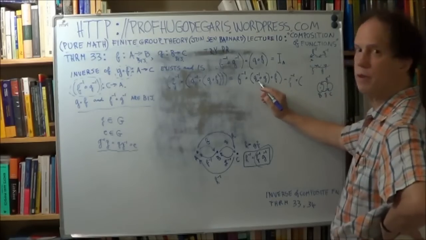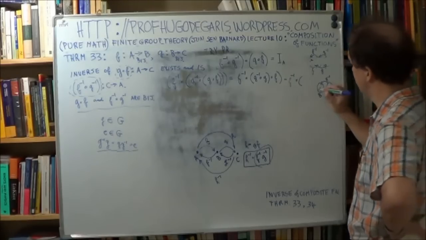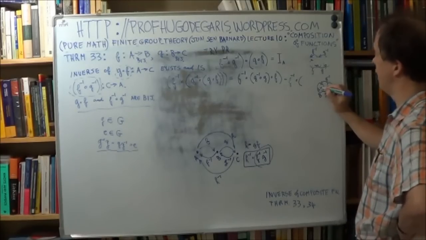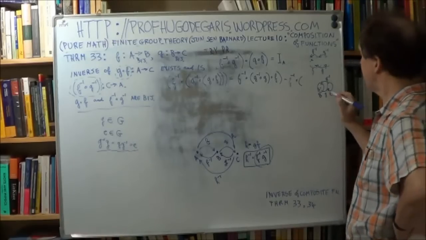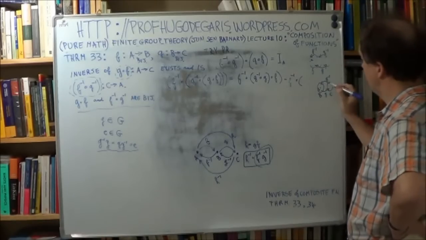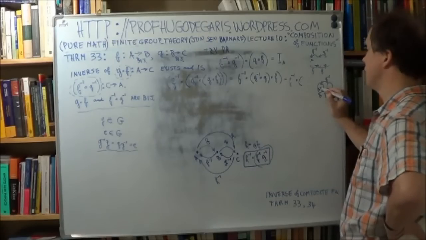And then G inverse. What that means is you start in B, any random element little b of big B, your domain. You do G, and then you do G inverse. So you just end up where you started.